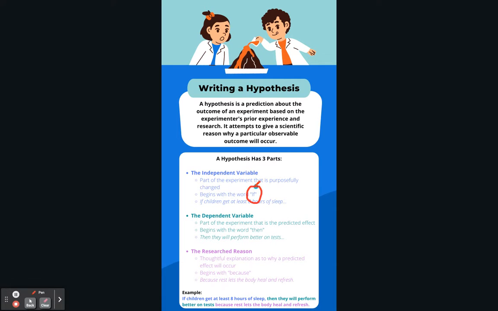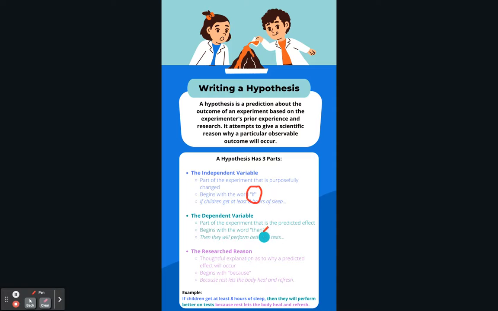This is the part of the experiment that is purposefully changed. So if I move down here to my hypothesis, if children get at least 8 hours of sleep, this is the independent variable that I am going to change. So I'm probably going to be testing different amounts of hours of sleep.